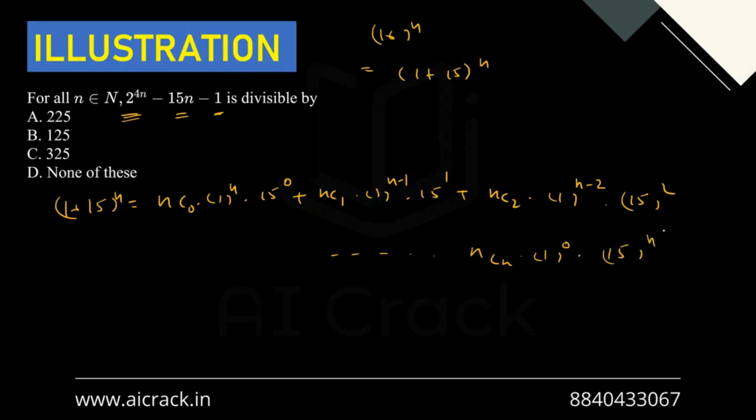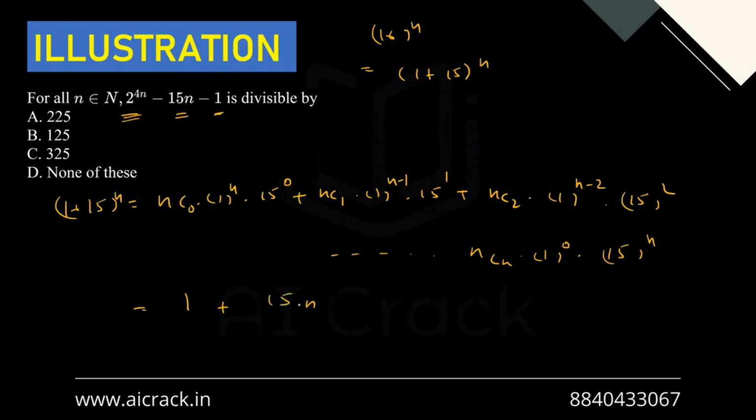Now if I try to simplify it further, nC0 is 1, 1 raised power n is 1 and 15 raised power 0 is 1. So basically the first term is 1 only, plus nC1 is n dot 1 and 15. So second term is 15n.